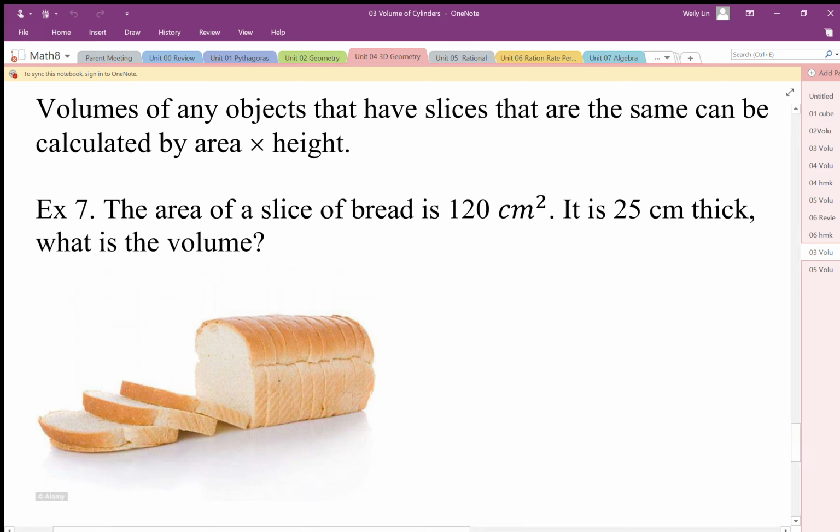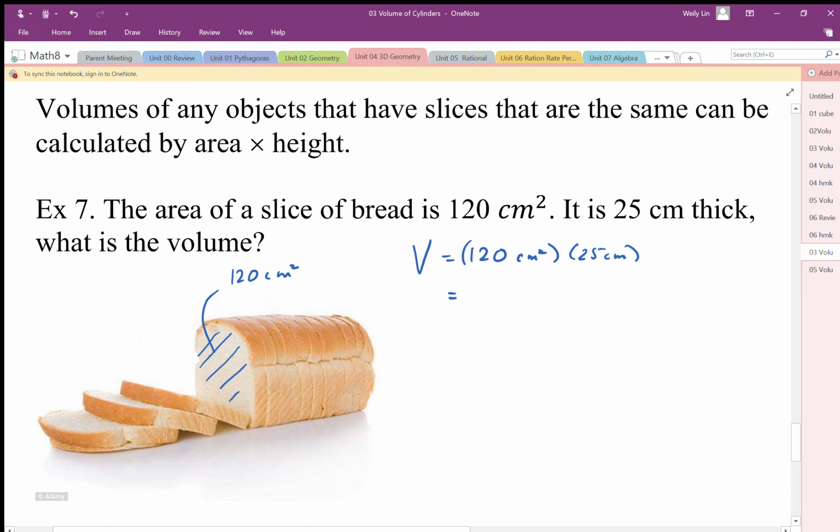So when we take a look at this slice of bread, we have this area surface here that represents 120 squares. If I want to find the volume of this loaf, I take those squares and I give those squares some thickness. So the volume works out to be 120 squares, and we're going to give each of those squares a thickness of 25 centimeters.